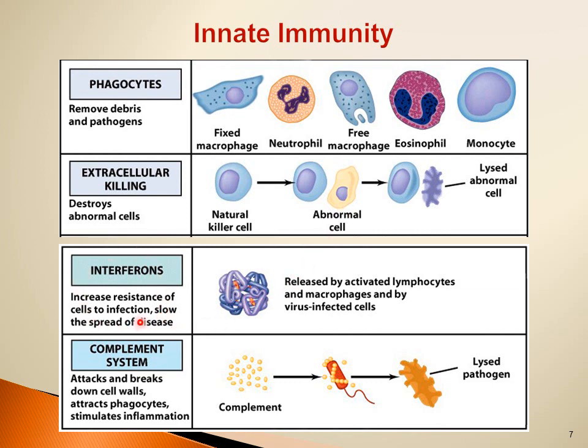Interferons, as I said, are chemicals released by activated lymphocytes and macrophages and virus-infected cells, and their role is to increase resistance of cells to infection, and they slow down the spread of the disease. Complements, as I said, are plasma proteins. When activated, they break down cell walls, they attract phagocytes, and they stimulate inflammation.